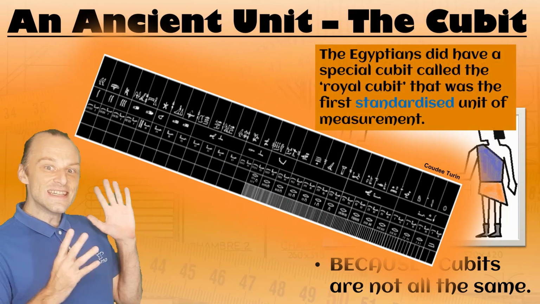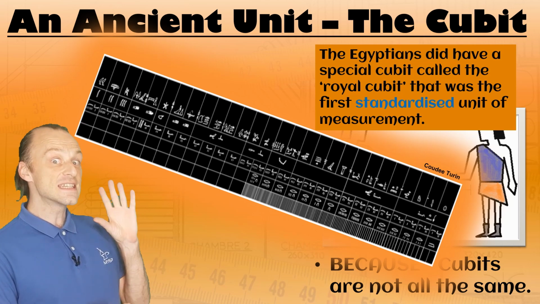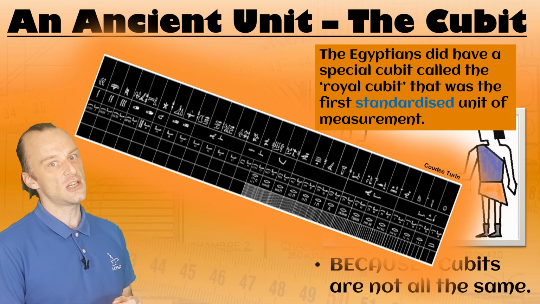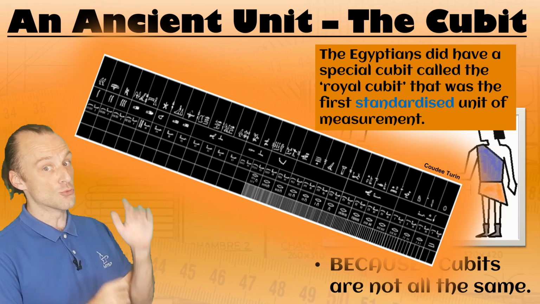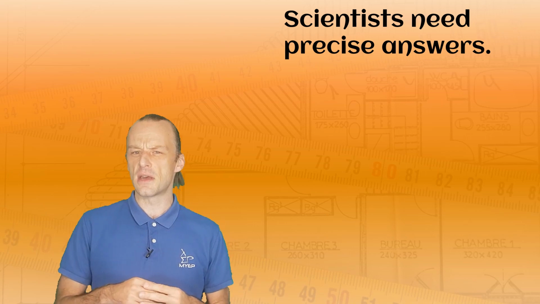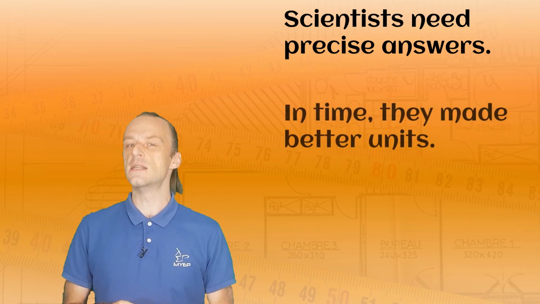Actually, the Egyptians did have a unit called the royal cubit, which was the very first standardized unit of measurement. But not all people in ancient Egypt had access to one of these royal cubit rods. Today, though, scientists need to make very precise measurements, and so they need to be extremely exact in their numbers.